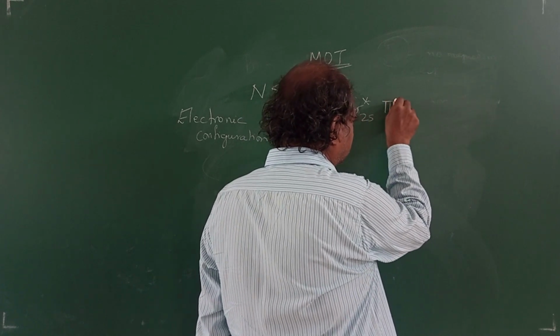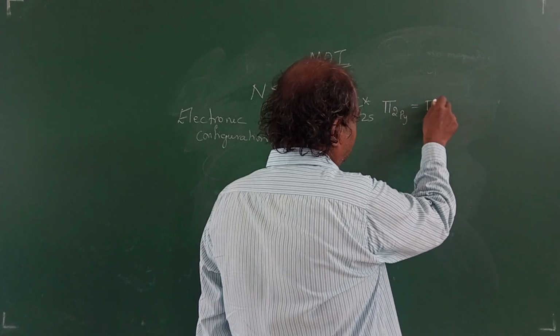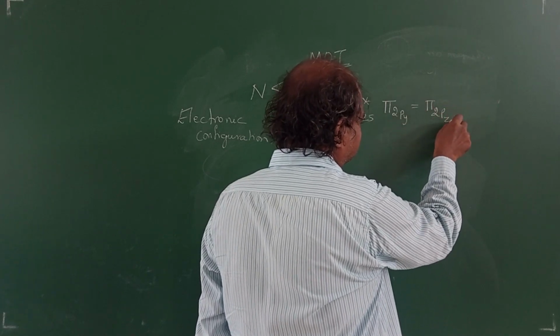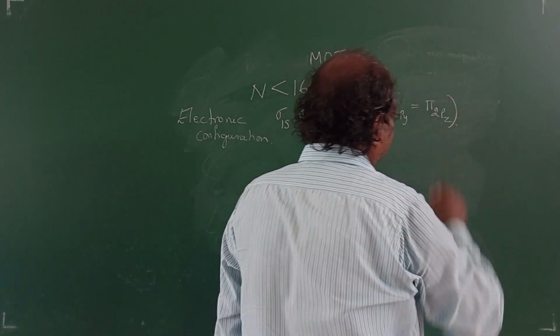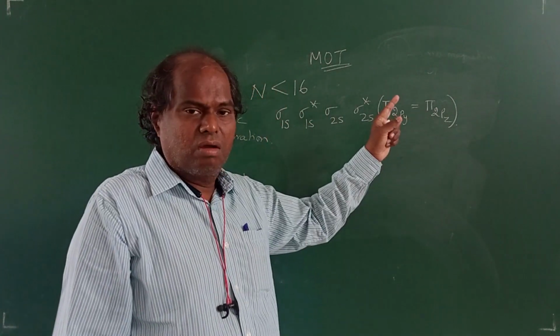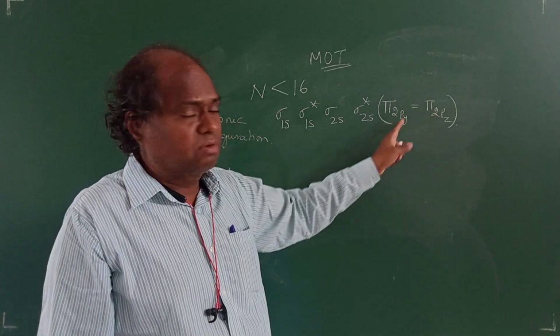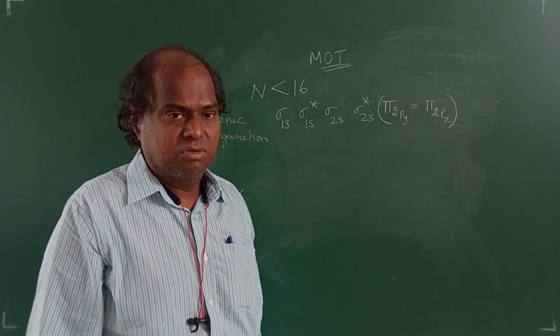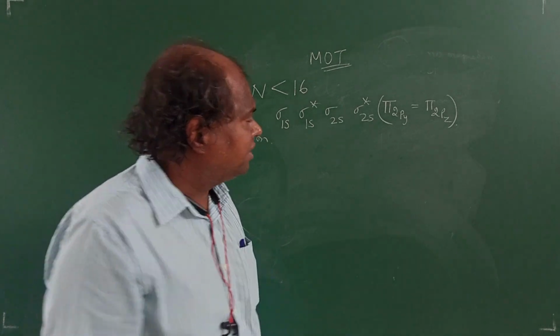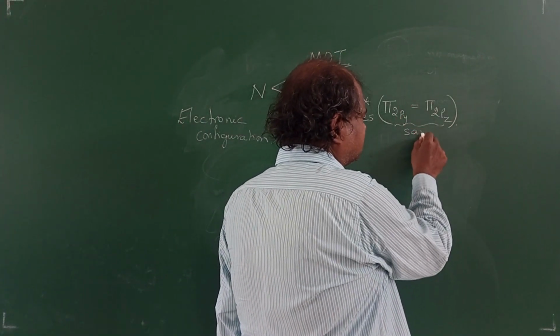now here there's a very important thing. Pi 2py is equal to pi 2pz. Pi 2py. Now please pay attention here. This py and pz will form pi bonds. And when I write equal to, what does it mean? That these two have same energy.